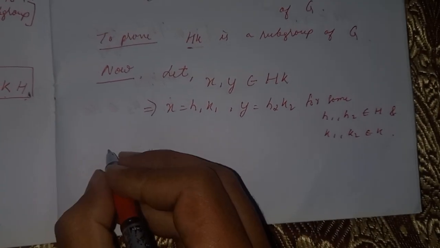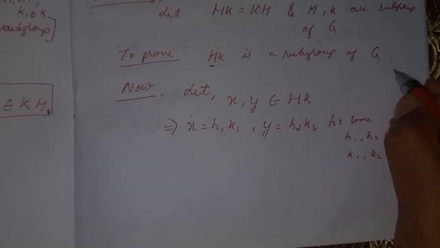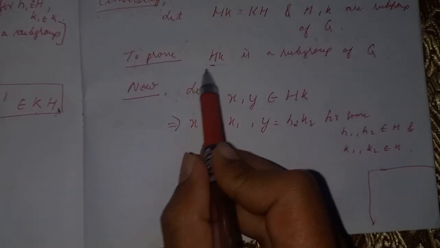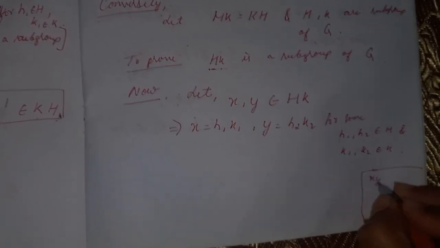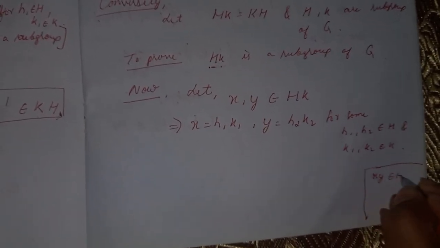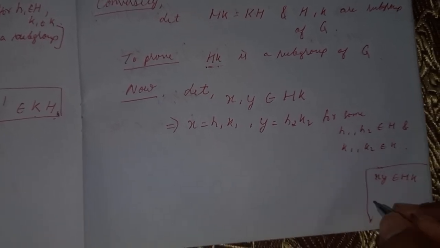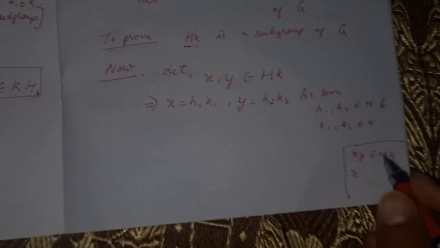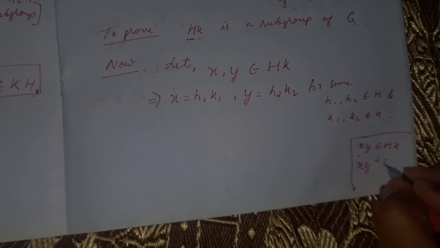So now in order to prove, I will be writing it here, it's rough work. In order to prove that HK is a subgroup, we have to show that if x, y belongs to HK, then x y inverse belongs to HK.